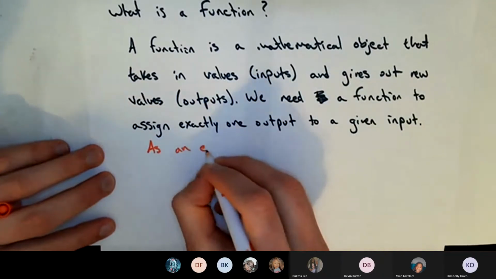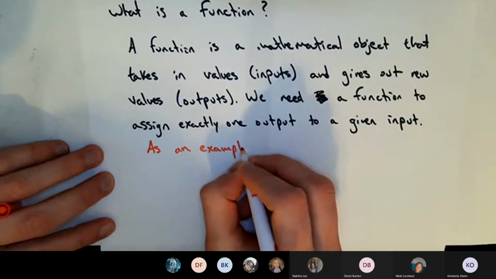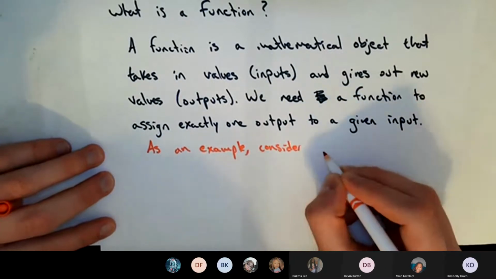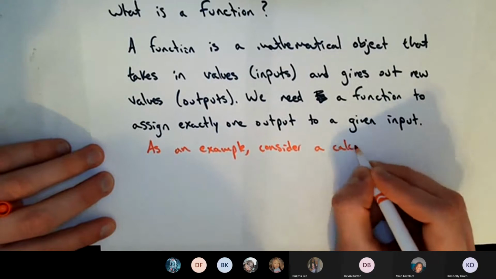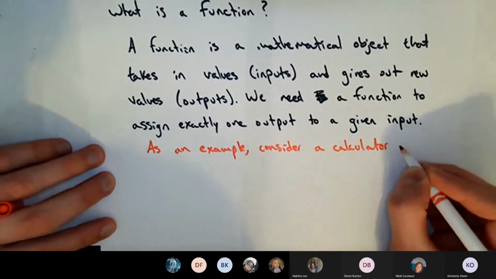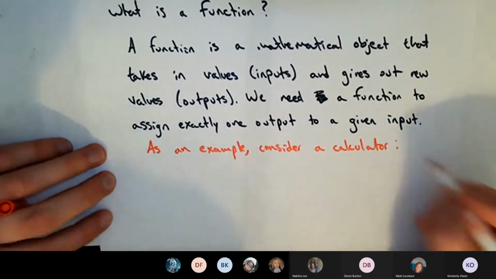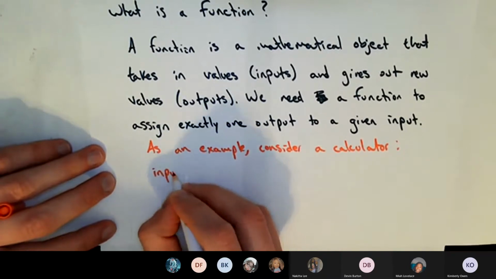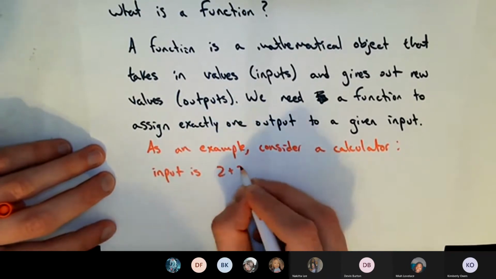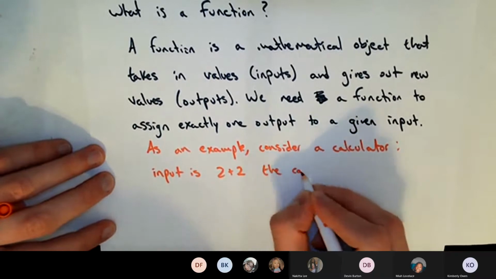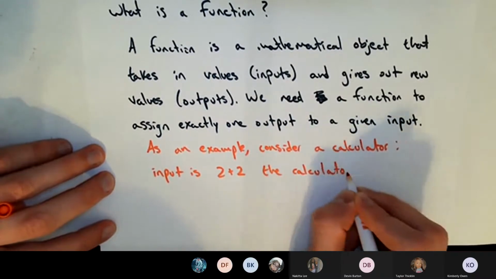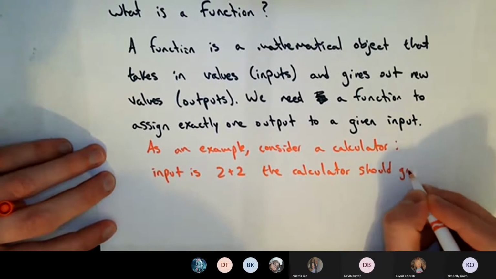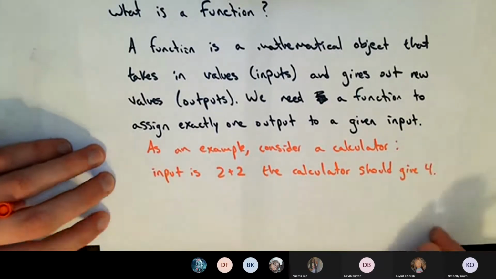As an example, consider a calculator. Yeah, just consider a calculator. If you give it input, so if the input is 2 plus 2, the calculator should give 4, right?